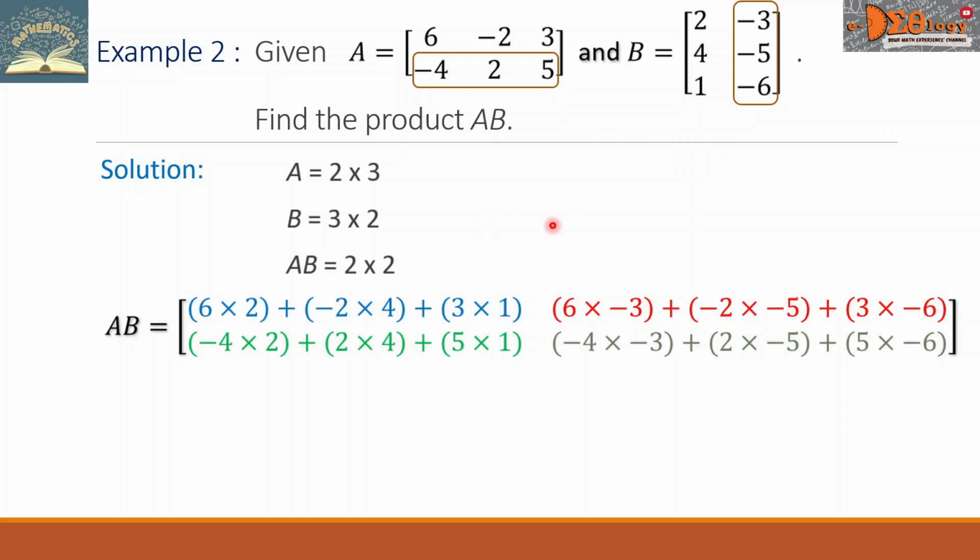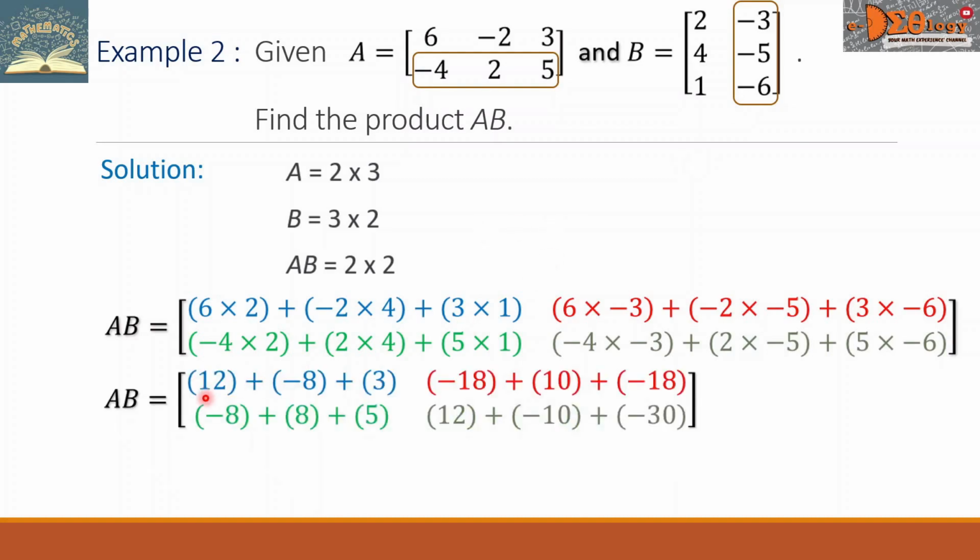Then we simplify the product. So we have 12 plus negative 8 plus 3. Down here will be negative 8 plus 8 plus 5. Next is negative 18 plus 10 plus negative 18. Then positive 12 plus negative 10 plus negative 30. Now we get the total for each of the elements.